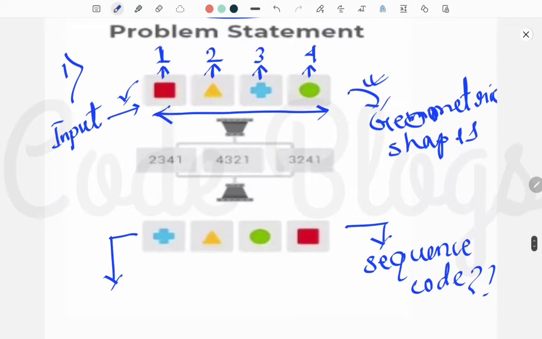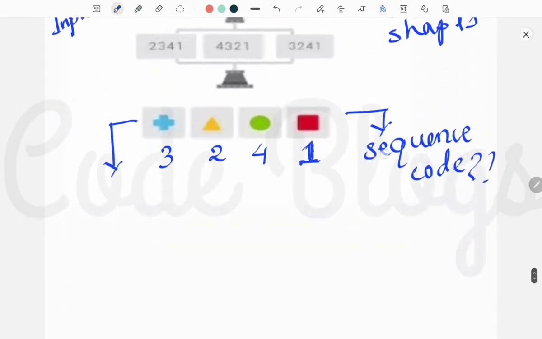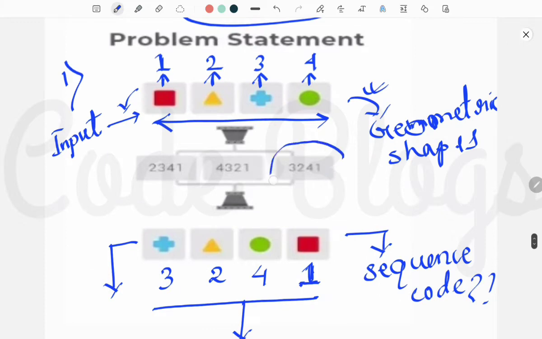Now coming here, for the plus sign we have 3, so put 3 here. After that, for the triangle we put 2 here. For the circle we put 4 here, and this one is 1. So now our sequence code is 3241. This is our solution.